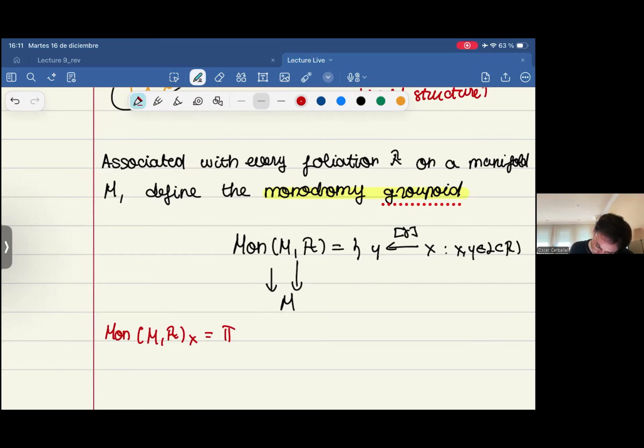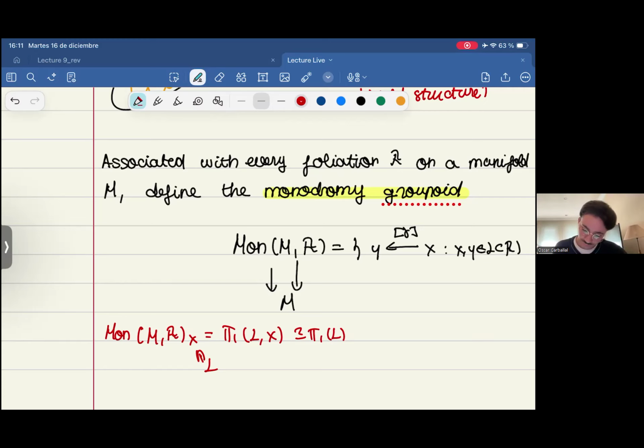So this is just the fundamental group of the leaf containing the point X, relative to that point. And we can omit the point since we are assuming that it is connected, right?